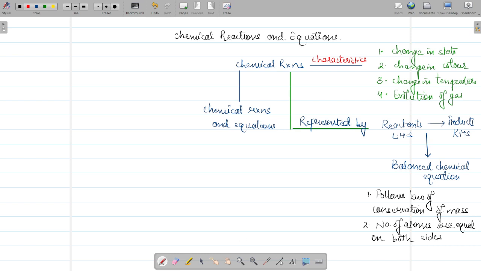Now, moving ahead, the next thing is the types of the chemical reaction. Let's look at them one by one. The first type, let's take as the combination reaction.